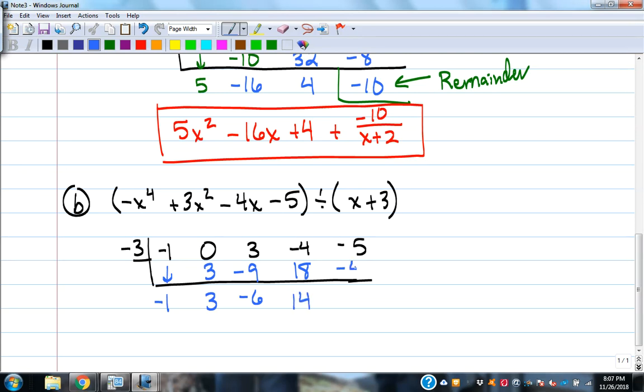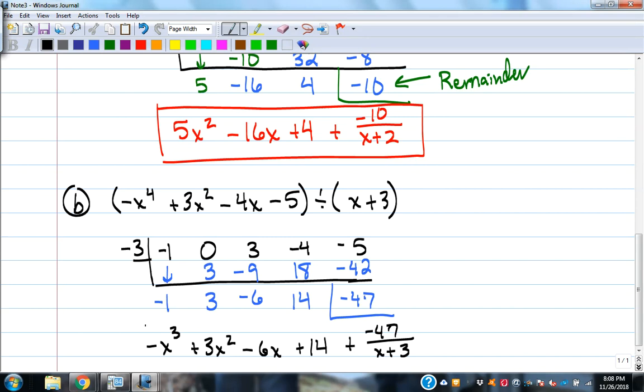Multiply, add. That's the negative 47, my remainder. Right? So my quotient is negative x to the third plus 3x squared minus 6x plus 14 plus negative 47 over x plus 3.